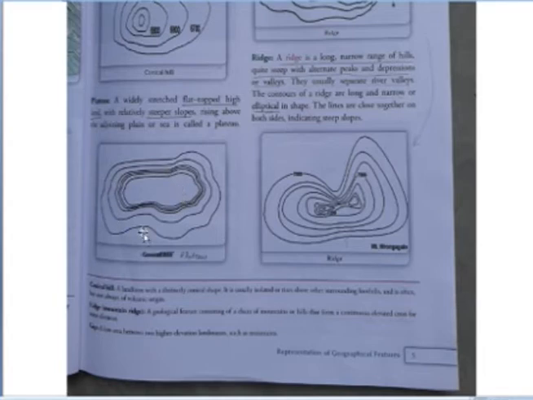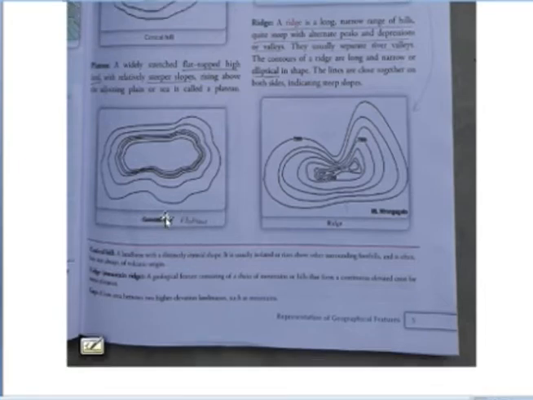These contour lines are showing a plateau, and at this point where the contours are placed very close, it is showing the vertical height of the plateau, which is steep, almost vertical. So it is a plateau, not a conical hill. Just correct this: it is not a conical hill, it is a plateau.